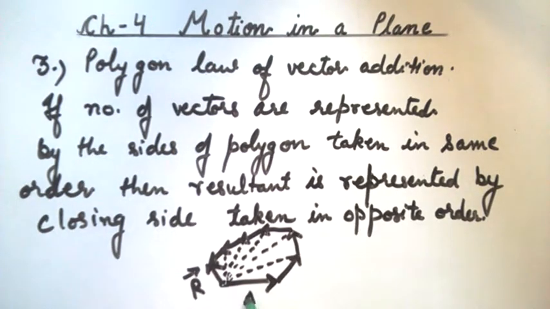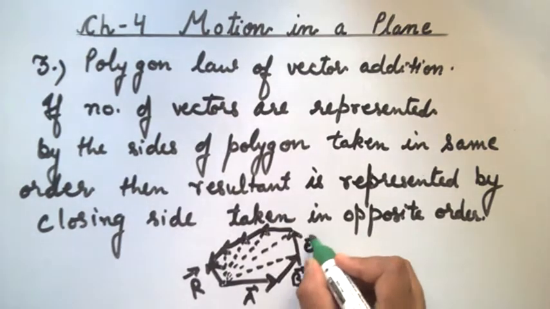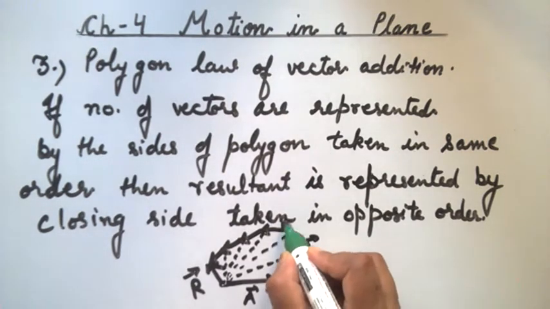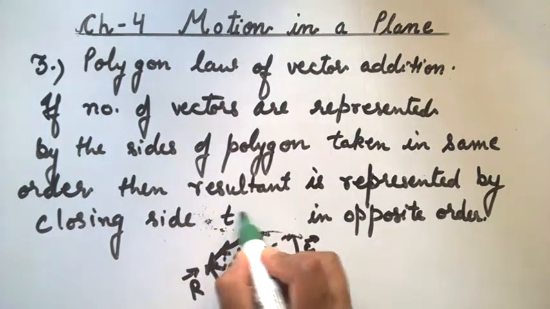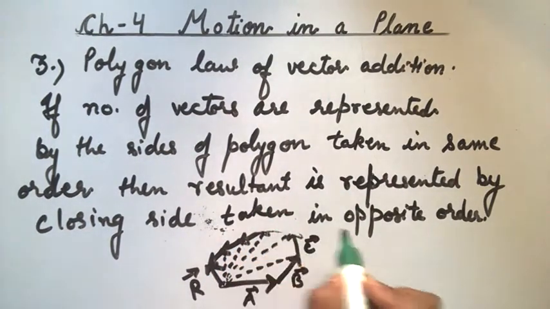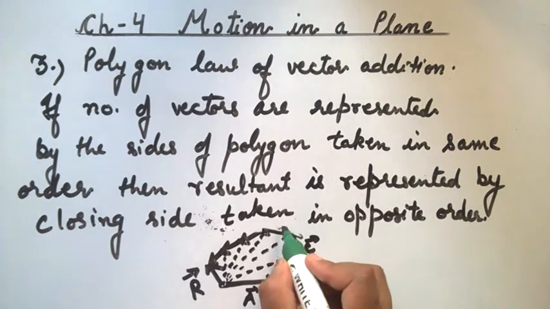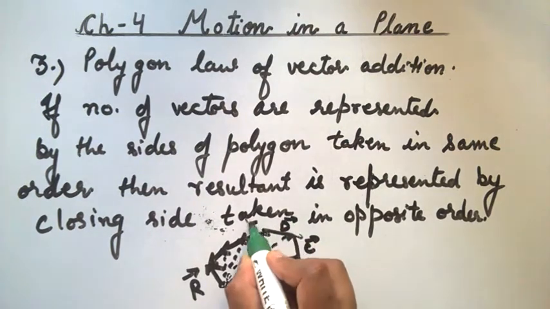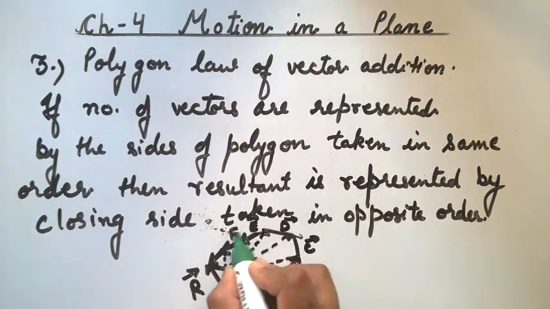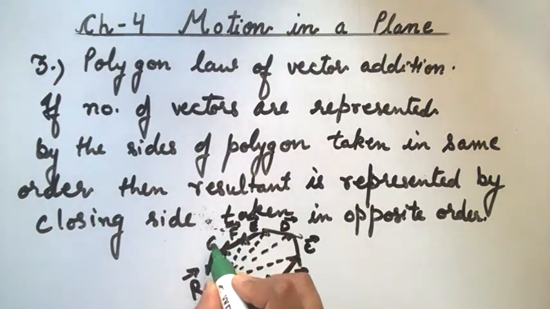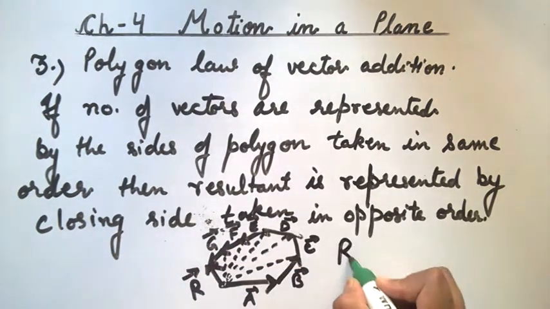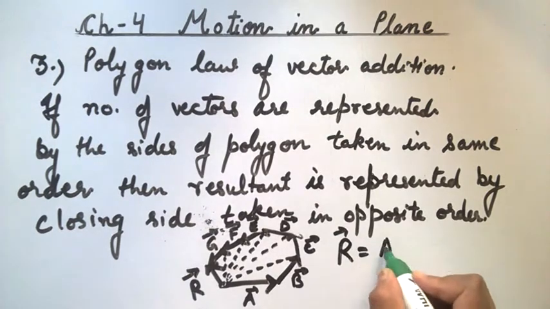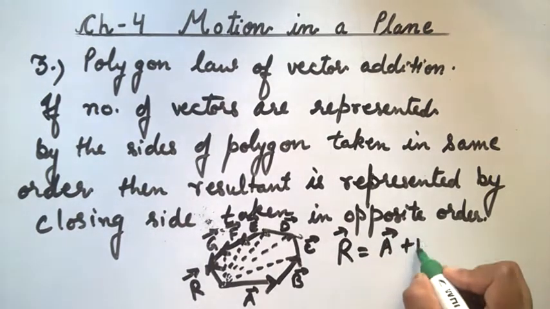Let us suppose it is A vector, B vector, C vector, D vector, E vector, F, G. So we will write R vector equal to the sum of all the 7 vectors.